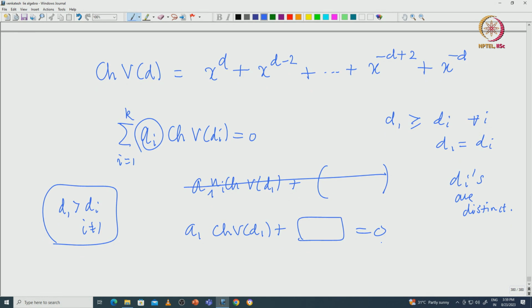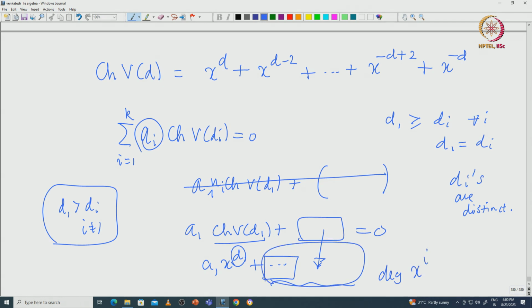But note that the character of Vd1 has x power d1 with coefficient a1, and all the other terms have degree definitely less than d1. So by comparing the coefficient of the highest term, x power d1, you can see that a1 must be 0.